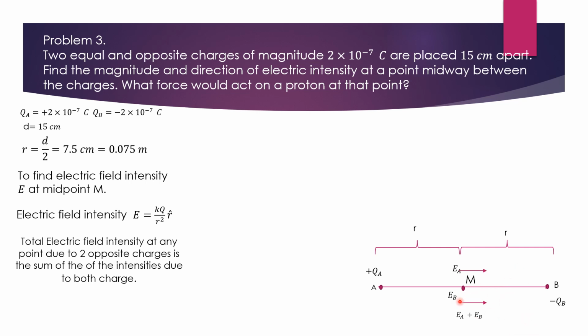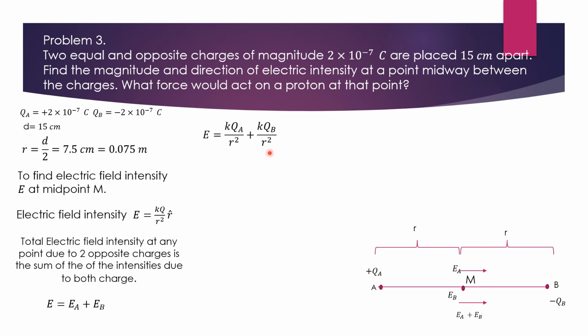Now we need to find it at the midpoint, so we put it at the midpoint, and E is equal to EA plus EB, our total electric field intensity. Now for electric field intensity, we use this formula again here, and it is KQA over R square plus KQB over R square. I am only taking the magnitudes here.